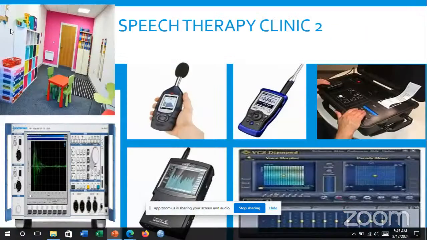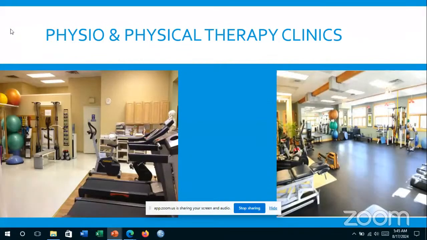And for screening, you can use any PC-based audiometer that has the common frequencies. For diagnostics, you can use a diagnostic audiometer.